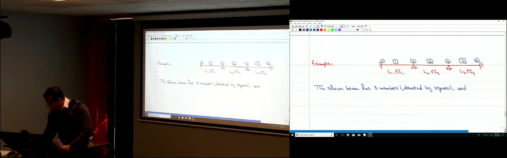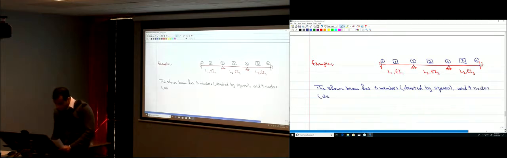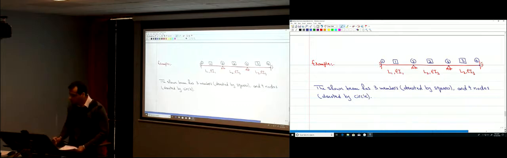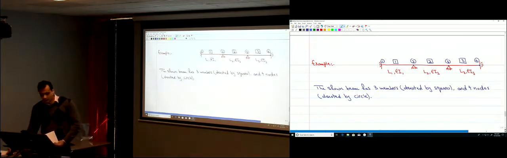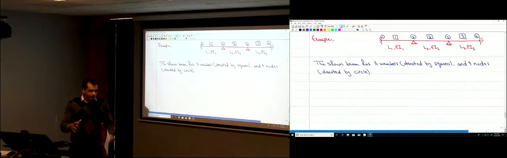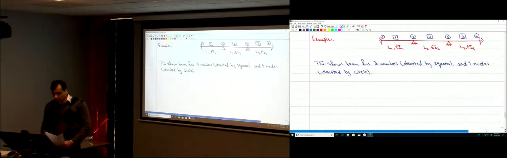And this structure has 4 nodes. We're going to always denote them by circles. This is the notation that the book used, but you don't have to be strict about it, just to be consistent. So this is what we have here.